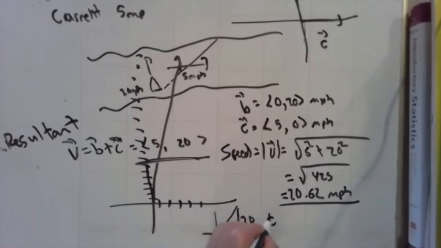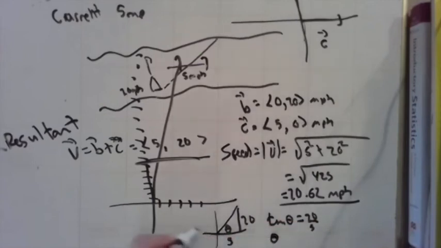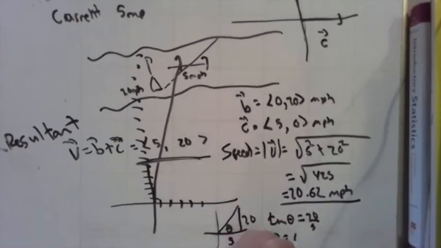So I could just say, looking at the picture, tangent of theta will be 20 over 5. So that angle right there will be inverse tangent of 20 over 5. Okay, so I'll throw that in my calculator. 75.96 degrees.